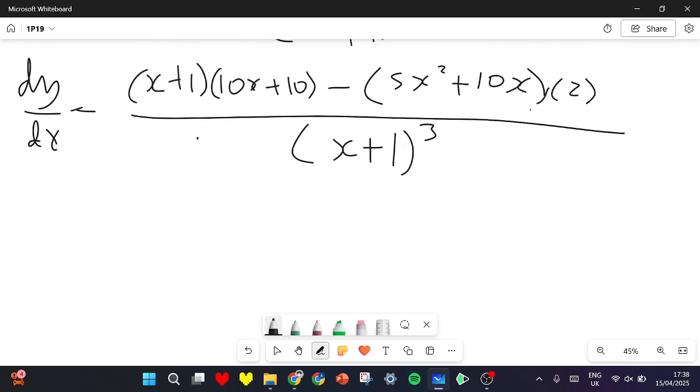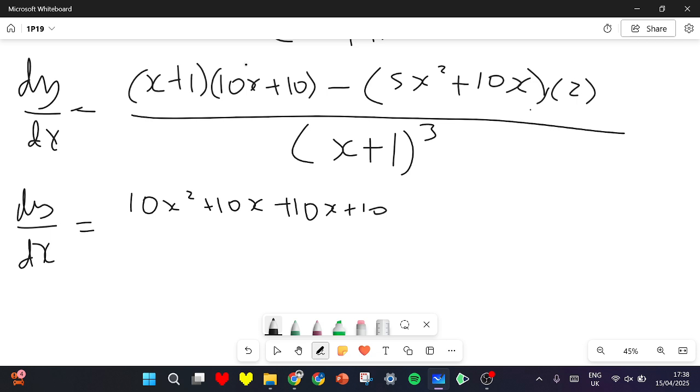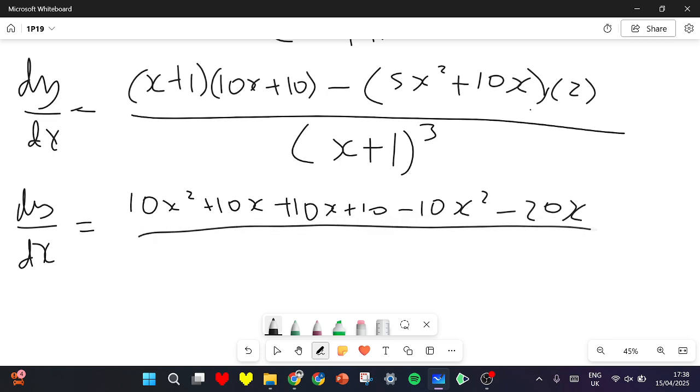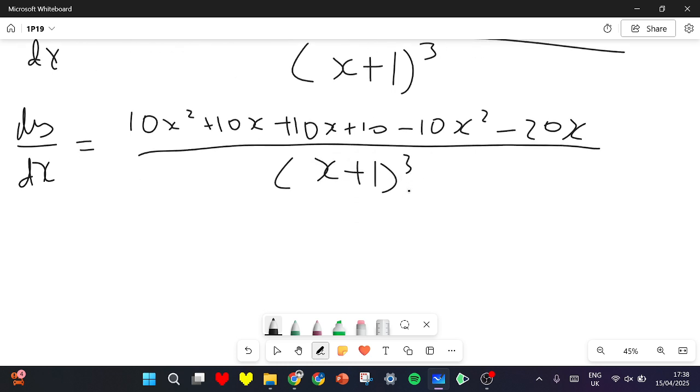Okay, and then next just expand out the stuff on the top. So you get 10x squared plus 10x plus another 10x plus 10. This part's minus 10x squared minus 20x, all over x plus 1 to the power of 3. Then you can start taking away stuff.